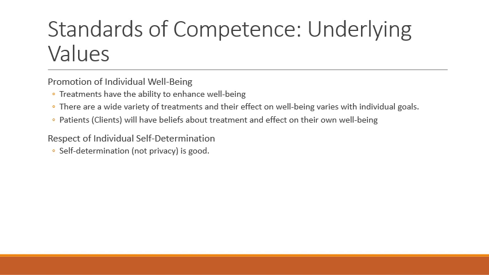And one point that they make in this section I just want to mention is that in legal terms, this is sometimes cashed out in terms of respect for privacy, but more straightforwardly from a moral point of view, it's an issue of just the good of self-determination or the good of autonomy.